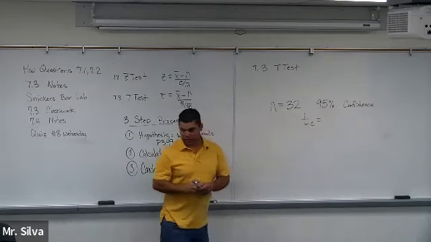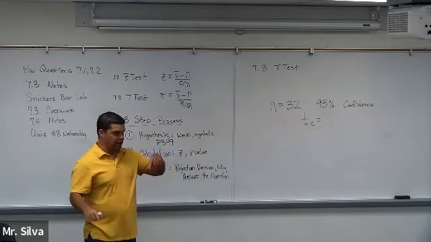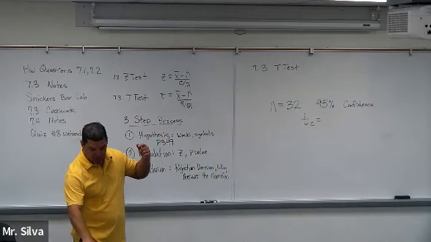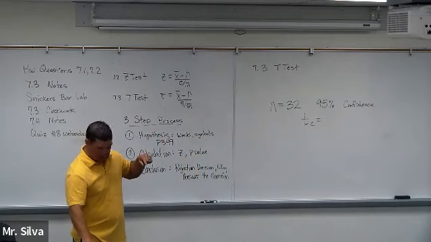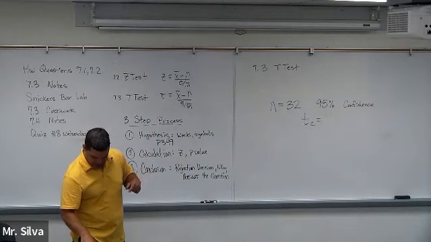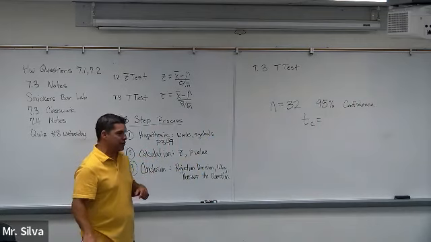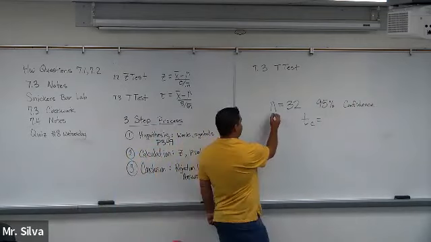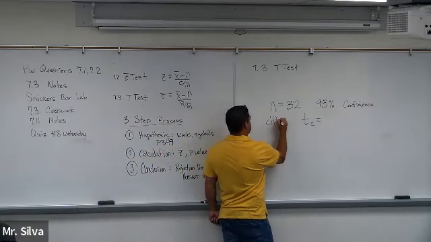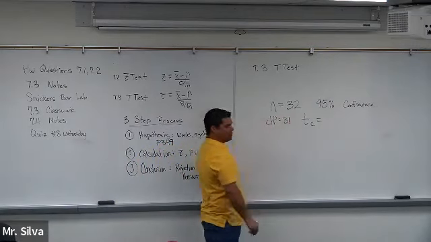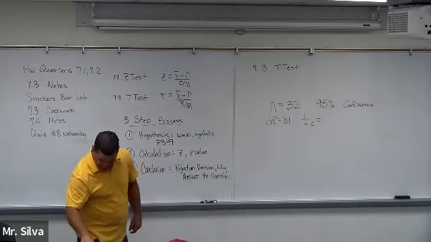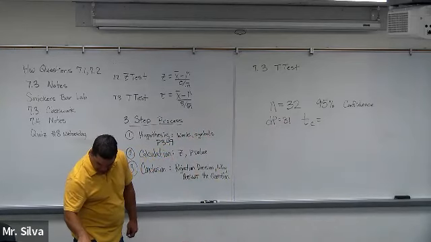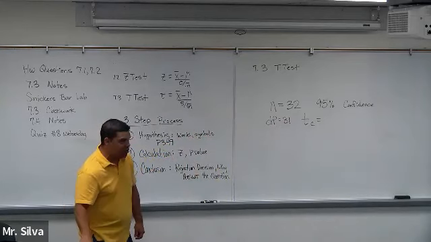Okay. So I'm going to just go down here. We're just going to get familiar with the table once again. N is 32, so I don't go down to 32. I actually go down to the number 31. So with n equals 32, that means there's 31 degrees of freedom. We subtract 1. So I go down to 31, and I go across to 95% confidence, and I see 2.080.